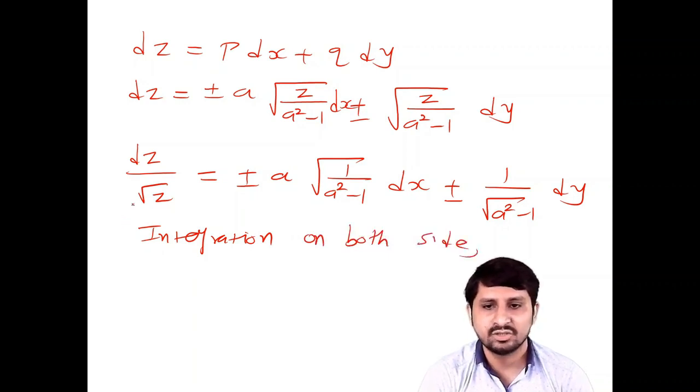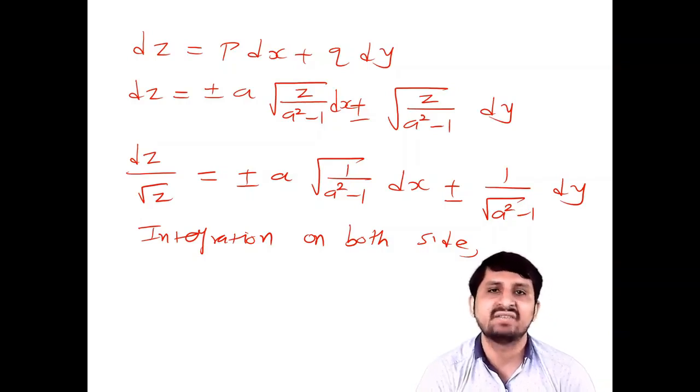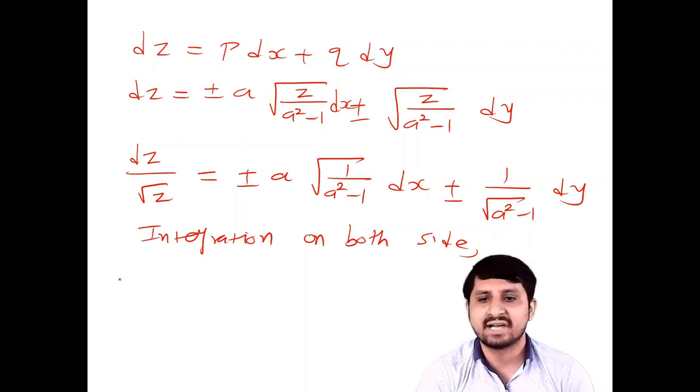So we know that the integration of 1 upon root z with respect to z: 1 upon root z is z raised to minus 1 by 2, and when we integrate with respect to z, that is nothing but z raised to 1 by 2 upon 1 by 2. So that is equal to 2 root z.